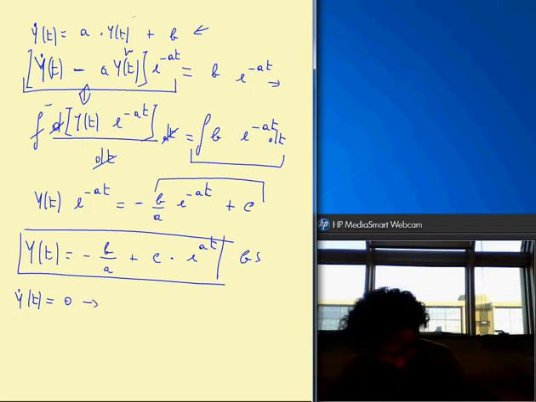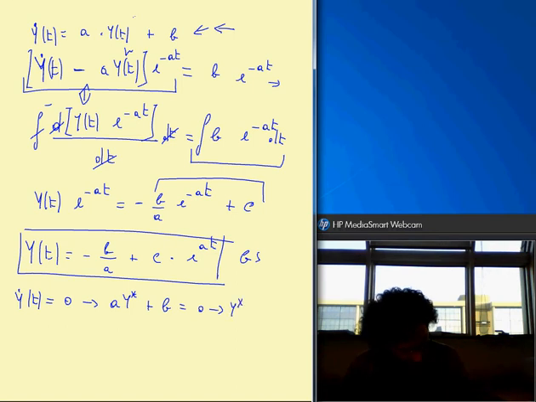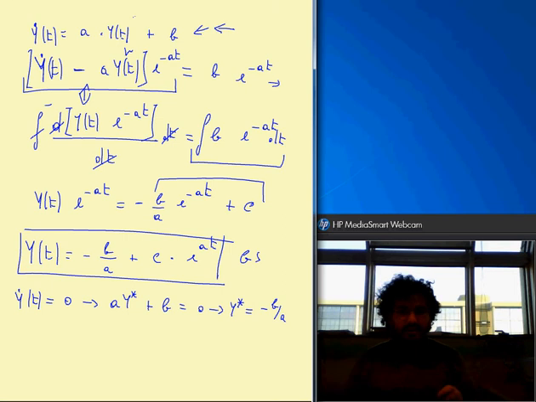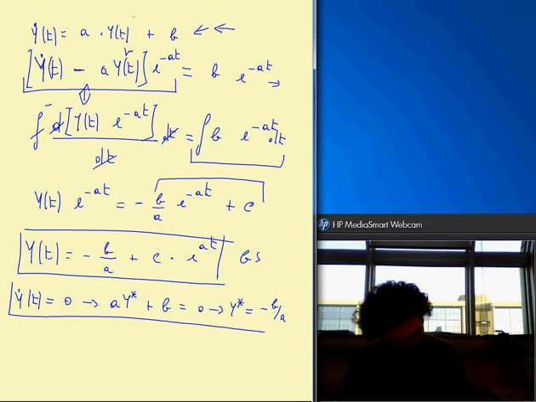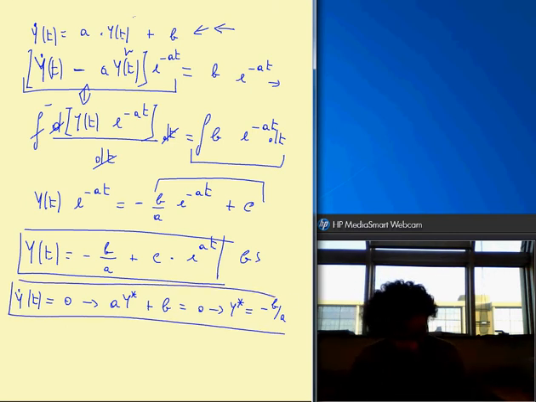Applying the initial differential equation, this implies that a y star, which is our steady-state solution, plus b is equal to 0, which means that y star is minus b over a. So the steady-state solution is minus b over a.